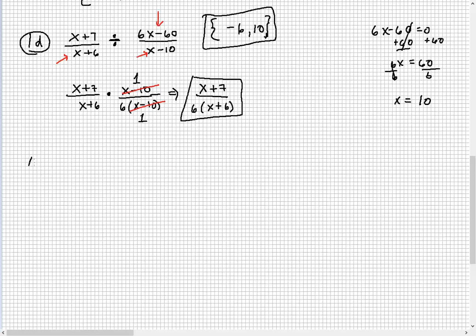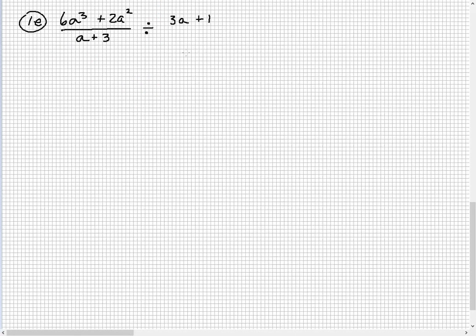The next one, 1E. All right, this is the next problem, and try to remember that this is over 1. Since it's division, the excluded values are going to come from this one, so that's a -3. From this one, so that's no critical point from here, and from this numerator.